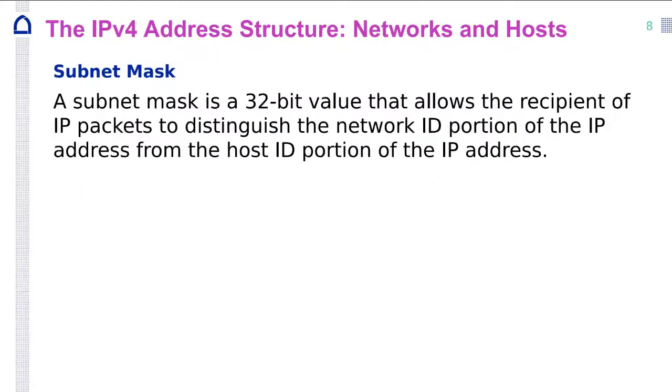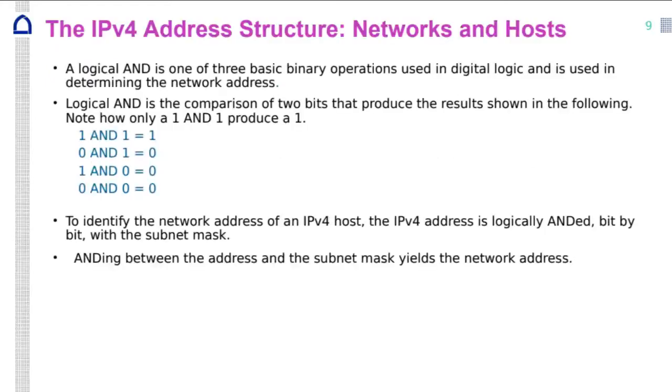Subnet mask, it is a 32-bit value that allows the recipients to distinguish the network ID and the host address. I'll show you some examples. The subnet mask is using something called logical AND. And logical AND is only 1 if the two inputs are 1.